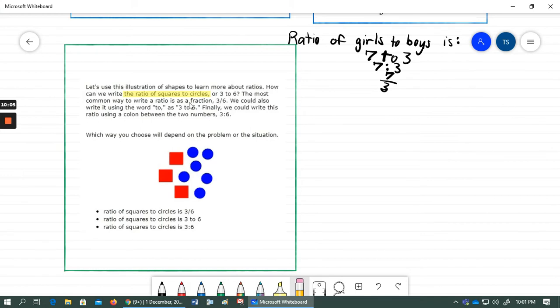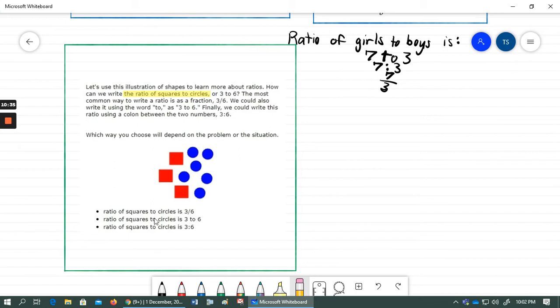A lot of people would write it as a fraction, and if you wrote it as a fraction, that would be 3/6, because there are 3 squares and 6 circles. That would be the ratio of squares to circles, right? How many squares compared to how many circles? So 3 squares to 6 circles, so that would be 3/6 if we wrote it as a fraction.